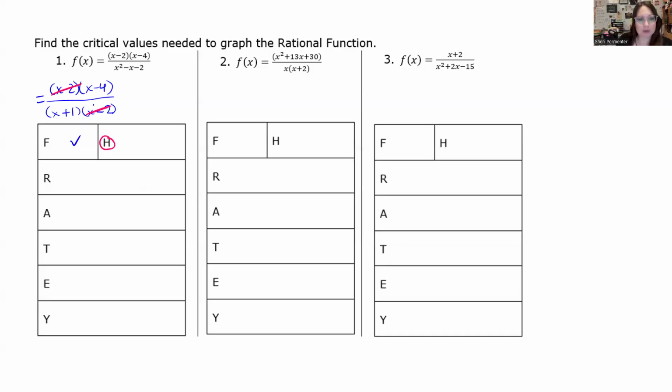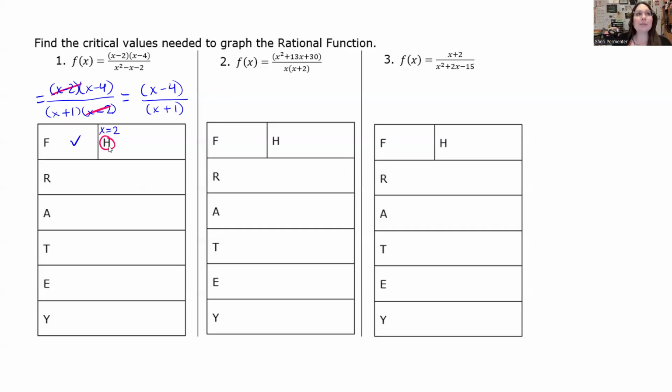I'm going to jot that down really tiny right here, because we're going to write a lot in that box. I'm also going to rewrite this: we have x minus 4 in the numerator, and x plus 1 in the denominator. You don't have to have parentheses; if you didn't write them, it's okay. So we are fully factored, and we are going to have a hole.